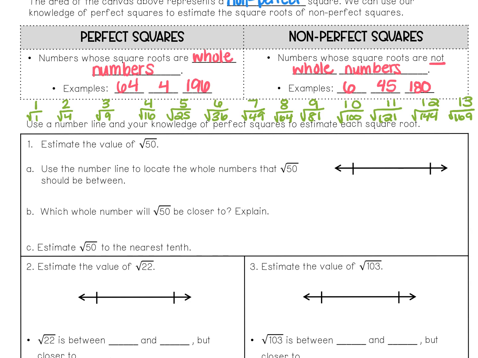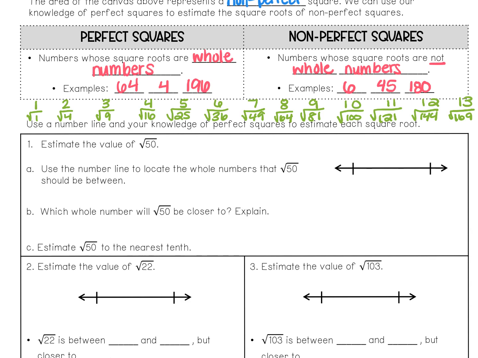So if I'm trying to estimate the value of the square root of 50, I know that 50 is a non-perfect square because there's no whole number I can multiply by itself to get 50. The first thing I'm going to do is use the number line to locate the whole numbers that the square root of 50 should be in between.